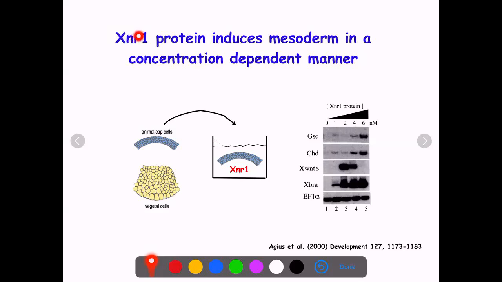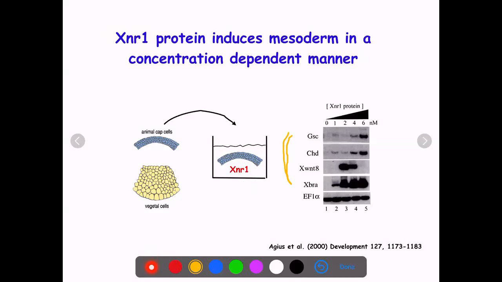Okay, so they try to find XNR activity further. So they used XNR protein, and then did a chemical assay. So of course, it will turn into a mesoderm. So these are Goosecoid, Chordin, X-Wnt8, and XBra. These are probably mesoderm or also dorsal markers.